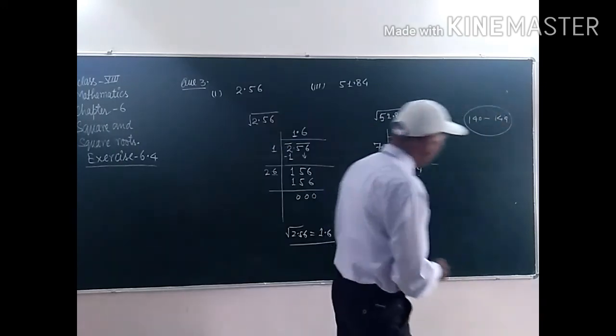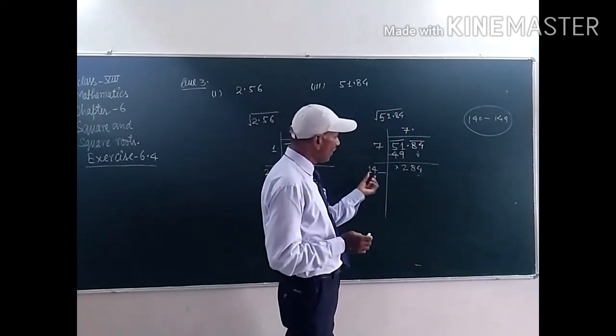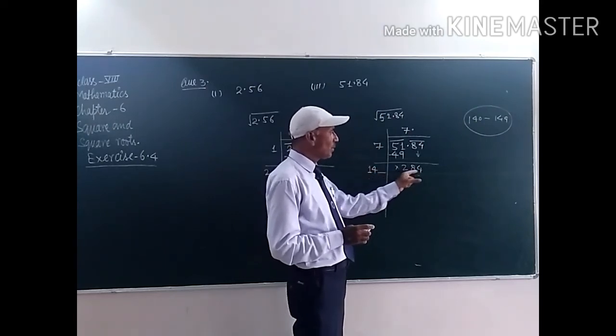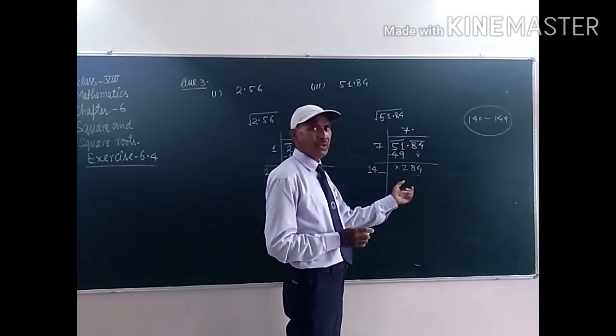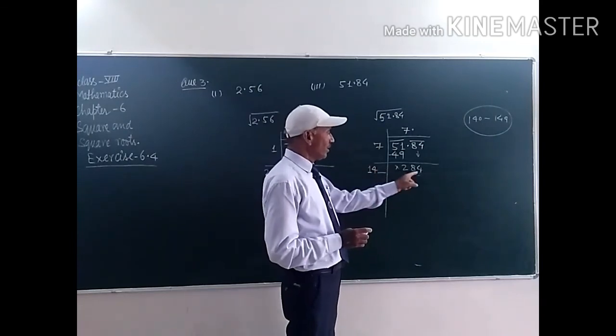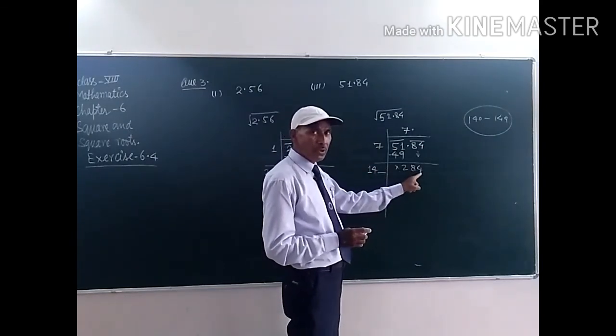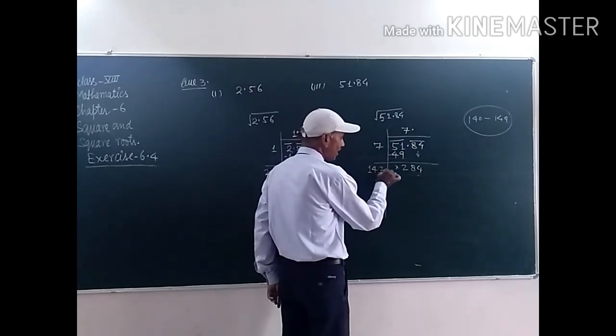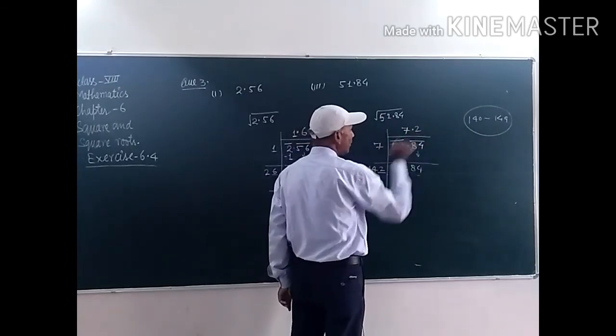Clear, student? Now in the next step, student, we have to guess a number whose square is 284 or less than 284. So this unit digit is 4. The square of 2 is 4, student. So we have to take the number 2 here.